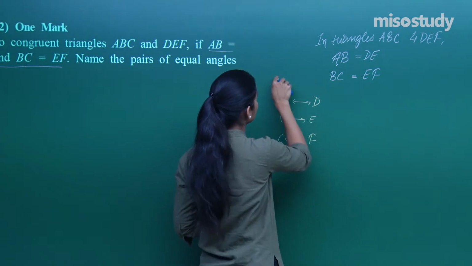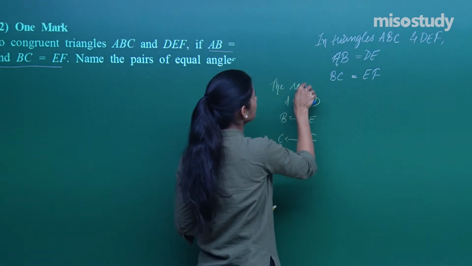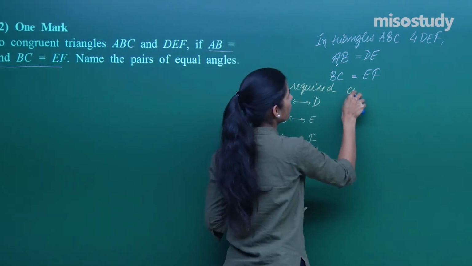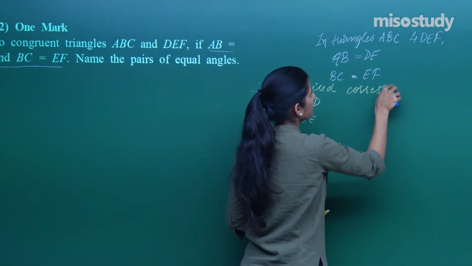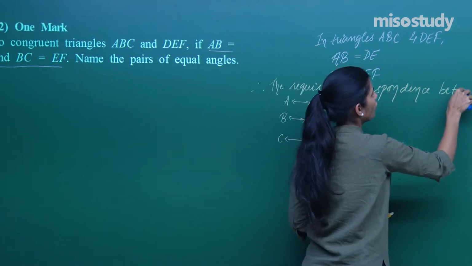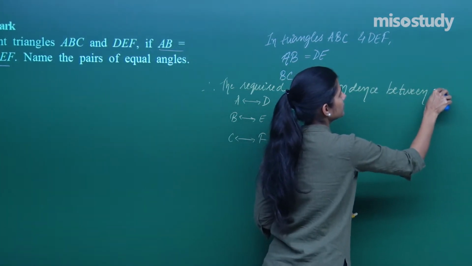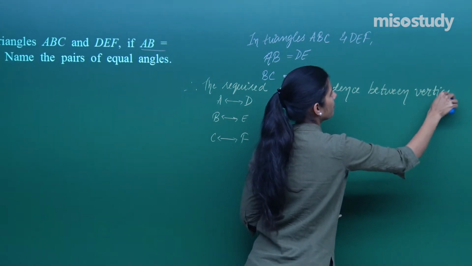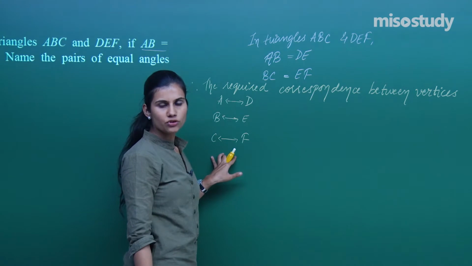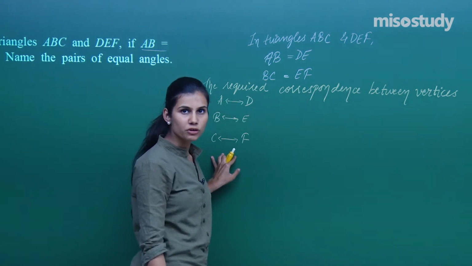This is the required correspondence between the vertices of the two triangles based upon which they are coming out to be congruent.